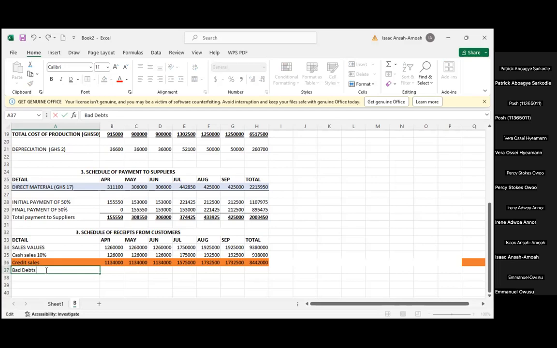Bad debt is 2%. So we're computing 2% on the credit sale, 2% on the credit sale. So 2 times the credit sale for each month. And that is generated as such.